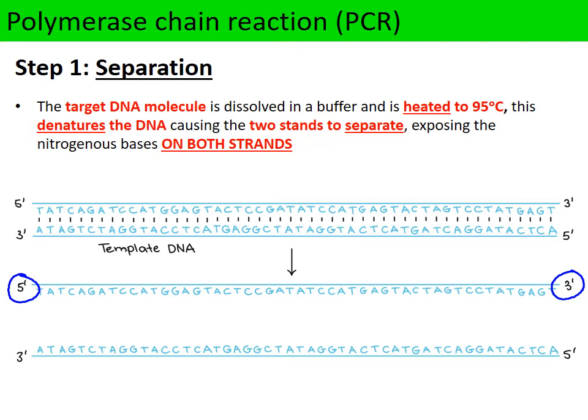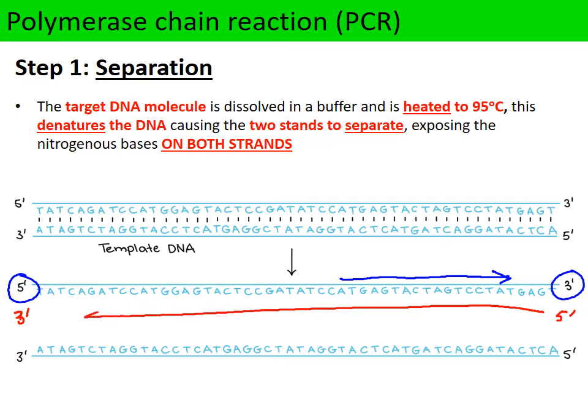So this DNA strand at the top, this single strand of DNA, runs 5' to 3'. So the new strand that's going to be built against this template strand, we know is built 5' to 3'. So we're going to see in a minute, the brand new strand is going to go in this direction, because DNA is always built 5' to 3'.